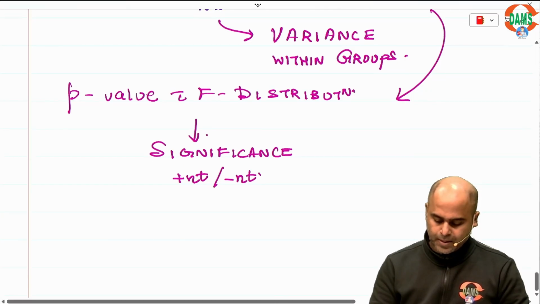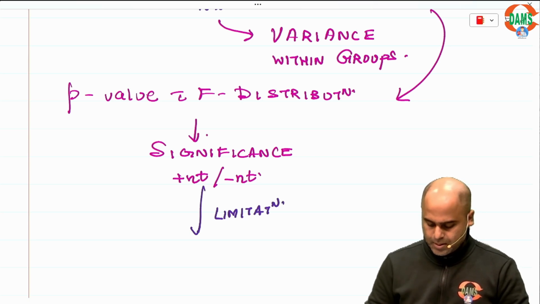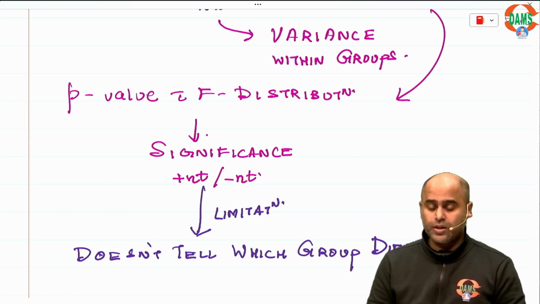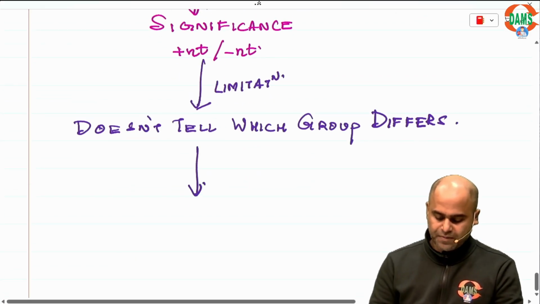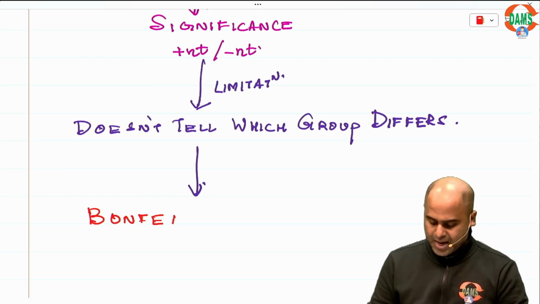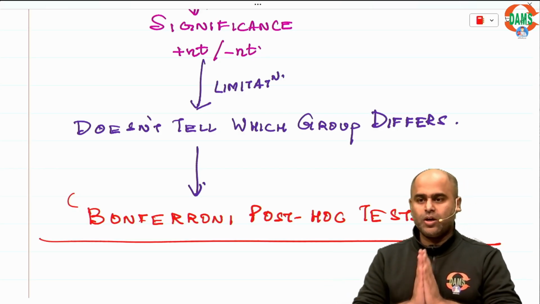But there comes a limitation, that is, it doesn't tell which group differs, and for this we use a very important viva question, an SR-ship question of INICET, a DM question for your DM entrances related to public health. We use the Bonferroni post hoc test.